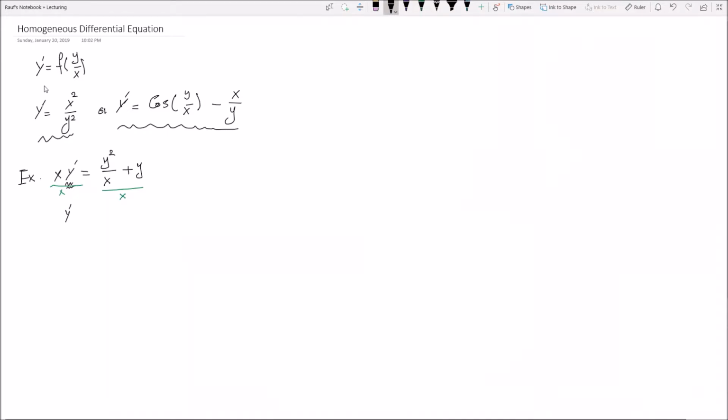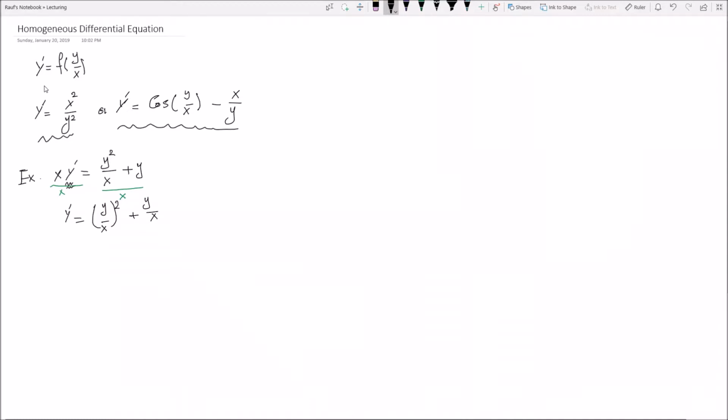So y prime will equal (y over x) all squared plus y over x.